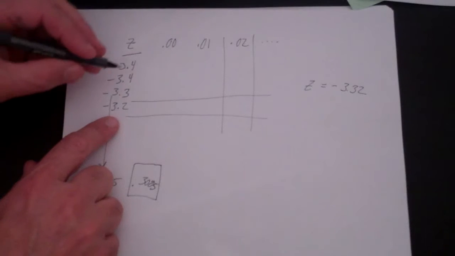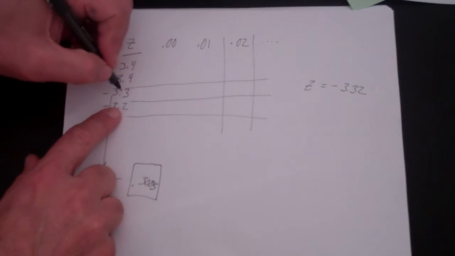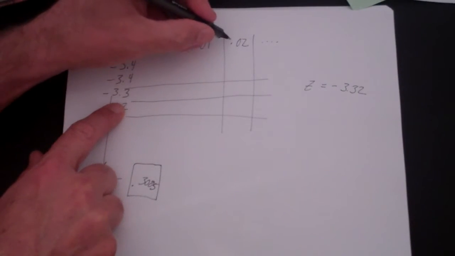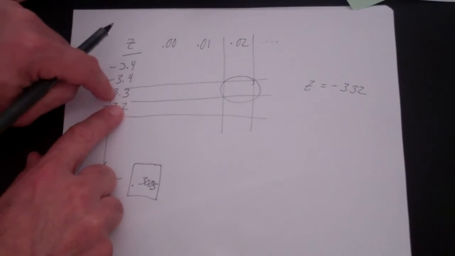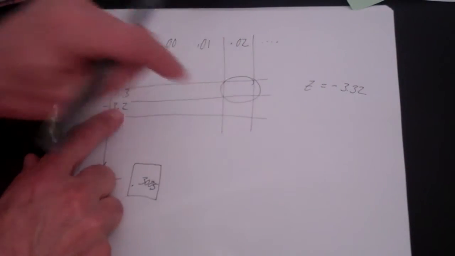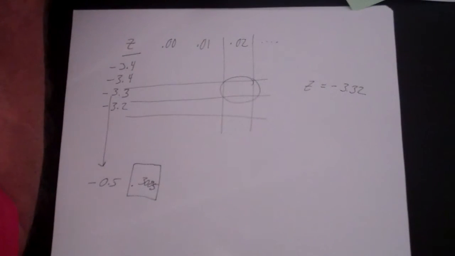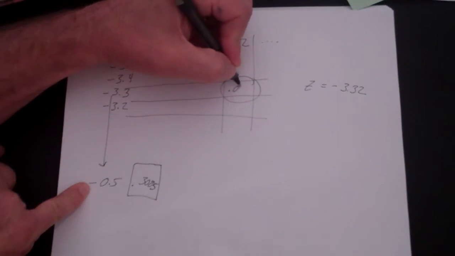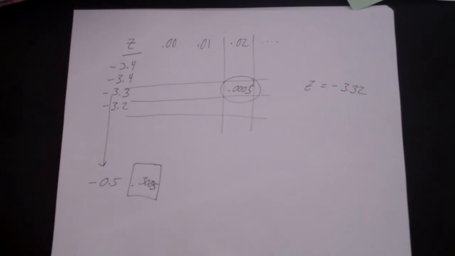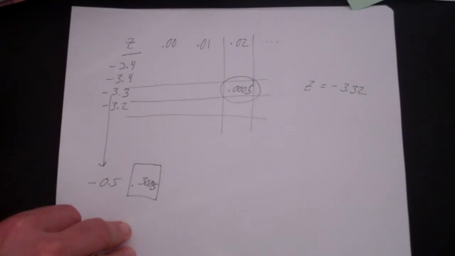Minus 3.32 would be, this is 3.3, and this is 0.02, so it's down right there. Minus 3.32, and that's that number right there. Check on your own to make sure we get the right answer. Minus 3.32 is 0.0005. And that's how you use standard normal tables.